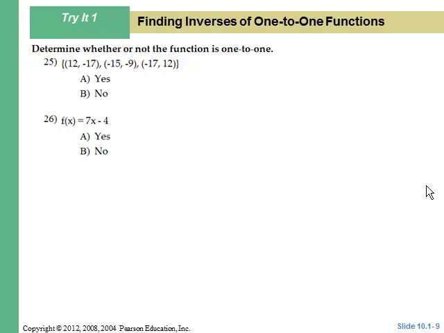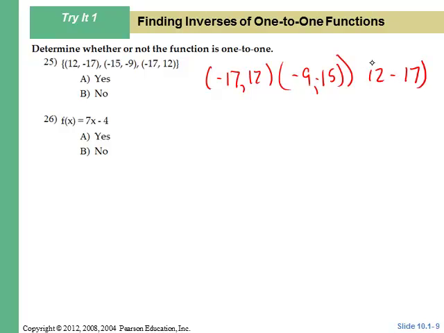Okay, now that you know something is a one-to-one or not, let's look at these two. The first one is pretty easy. It is a one-to-one, so it would be negative 17, 12, negative 9, 15, negative 15, and 12, negative 17.